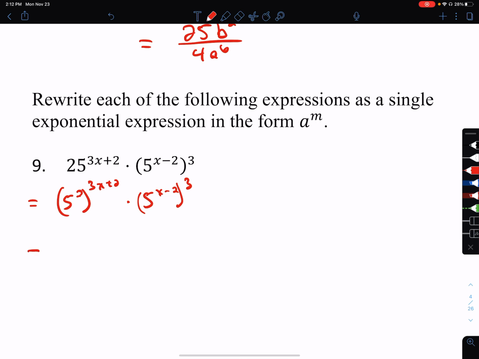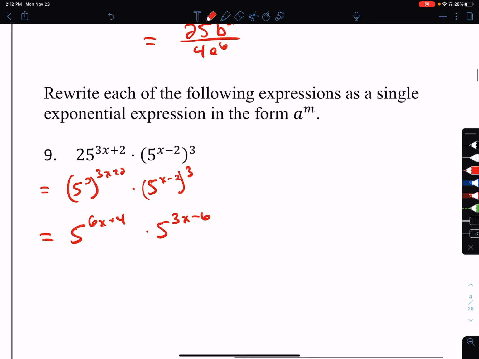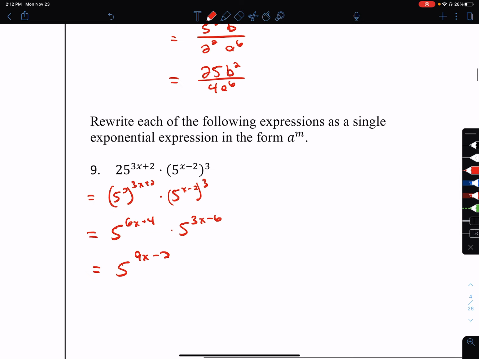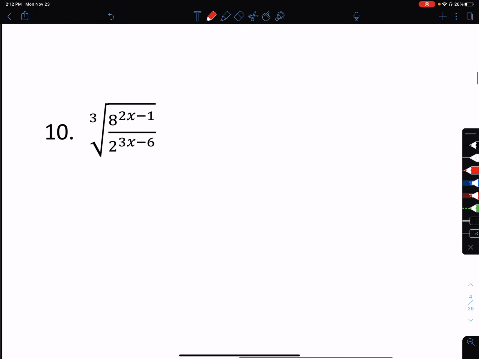And then in each of these now, we have a power to a power rule. So you multiply the exponents for each of these bases. And then the product rule, you write the base once and you add the exponents. Done.